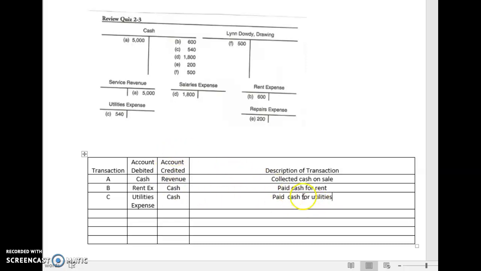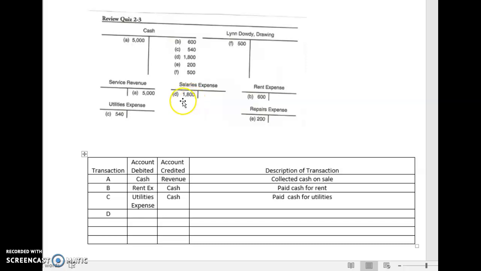Okay? Now let's go on to transaction D. And I'm going to go ahead and put a D here. And D, I see, because I'm always looking at cash first, I see that it has a credit of $1,800. So I have paid cash for something. Let's look and see what we can find D. D is down here in salaries expense. And of course, salaries expense has a normal debit balance, and I'm increasing it.